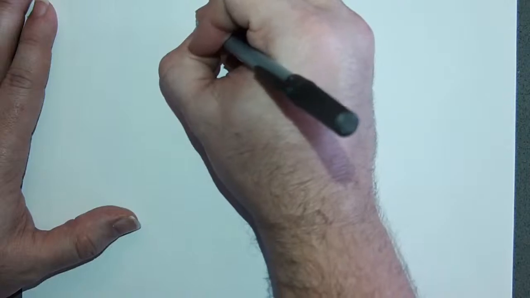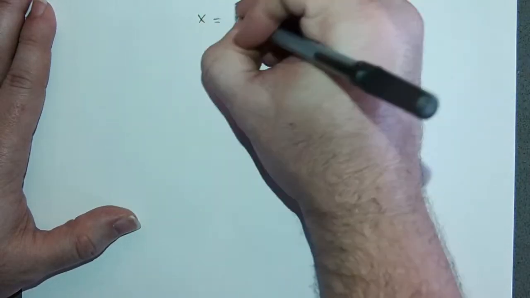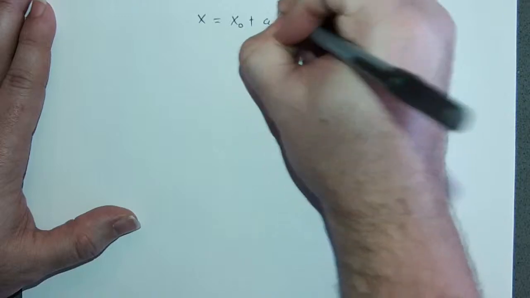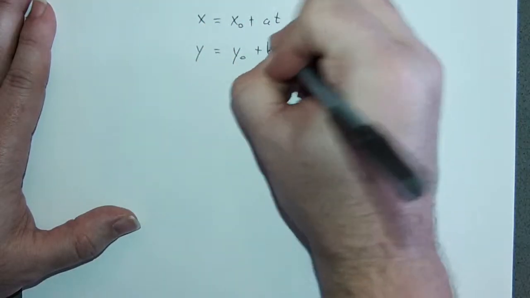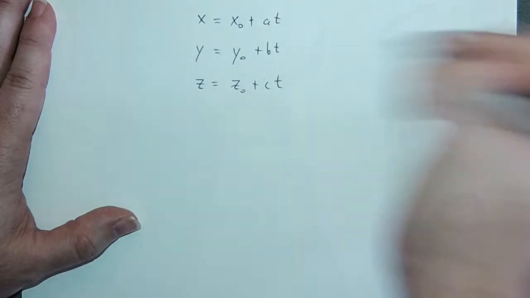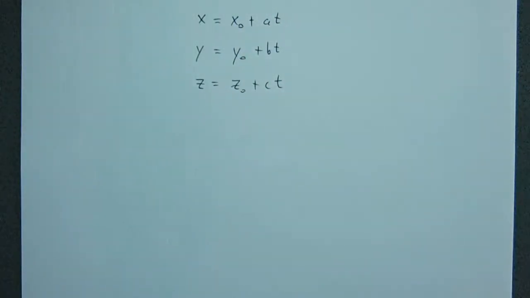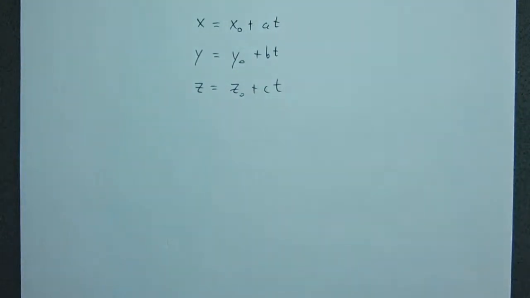What are the symmetric equations for a line? I'm going to start out, again, by rewriting the general parametric equations for a line. The idea here is I want to solve for t in each of these.